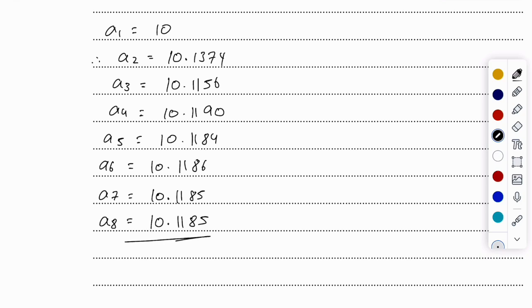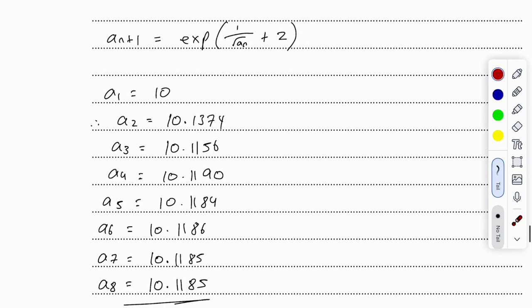Our iterations have kind of curved over, they've stopped. So therefore we got A is equal to 10.1185.